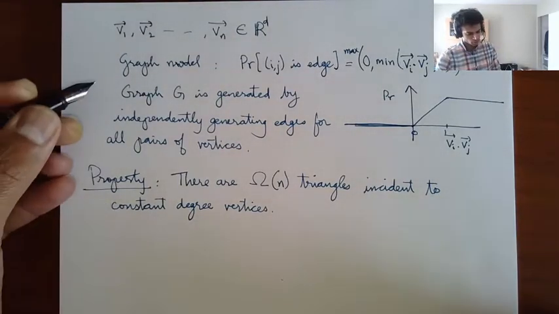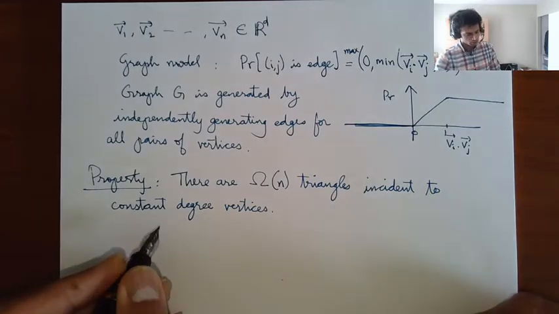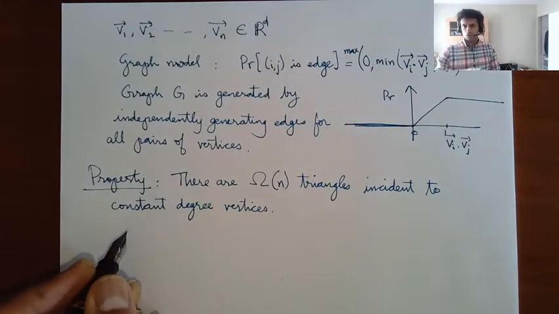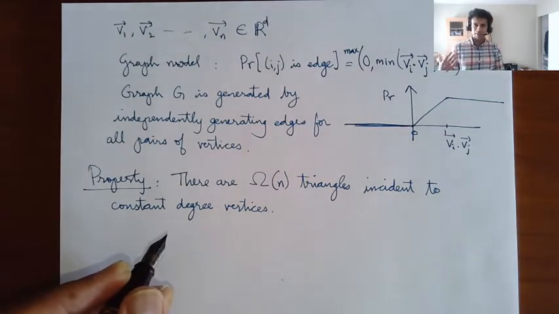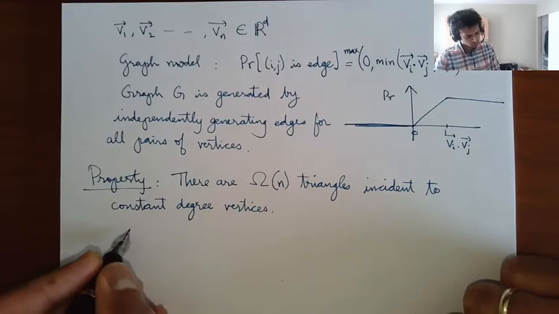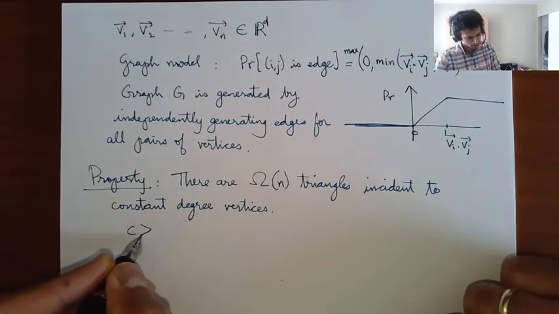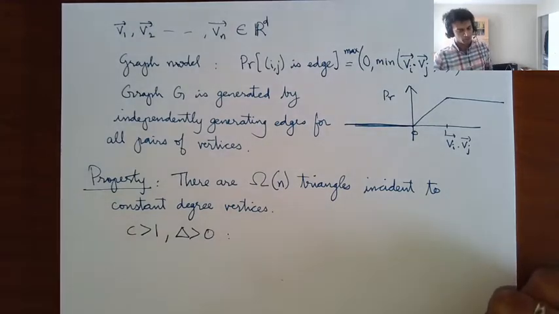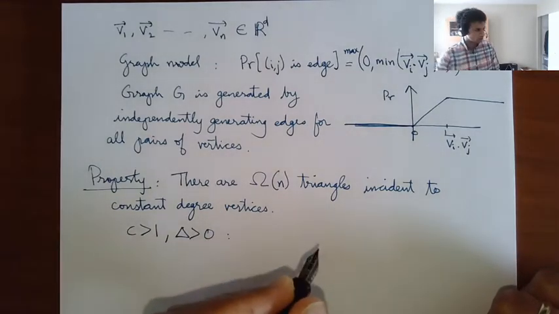So with respect to the model, I will use these constants just to describe what I'm doing, but in the calculations I'll just say this is a constant, like theta of 1 or whatever. But I'll have two parameters, c and delta.